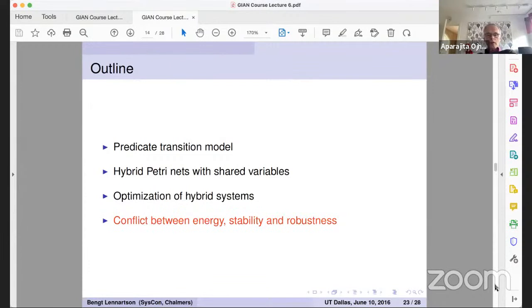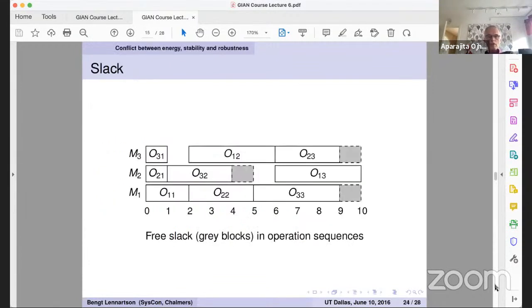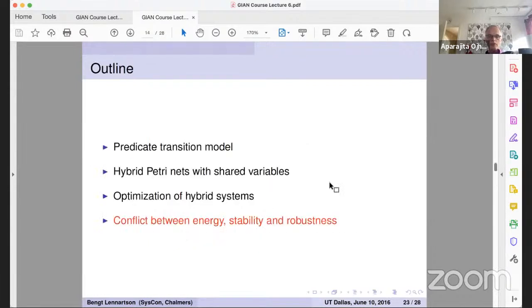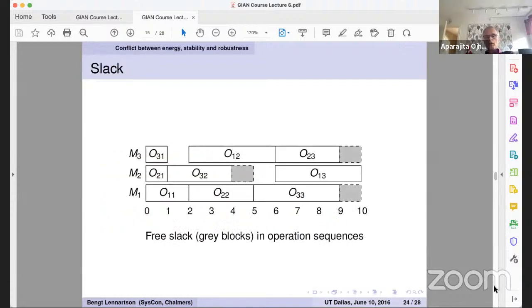Then an interesting aspect on this is that there is actually a conflict between robustness and stability and energy consumption. And by robustness, we mean that there is typically some slack in some operations, and from a robustness point of view, it's actually good to have that slack if there is an uncertainty in the operation time for O23.